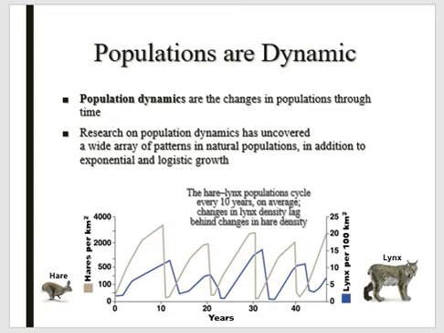Now, when we look at populations in nature, how they exist in reality, they exist in a continuous state of motion, per se. In other words, they're in continuous flux.